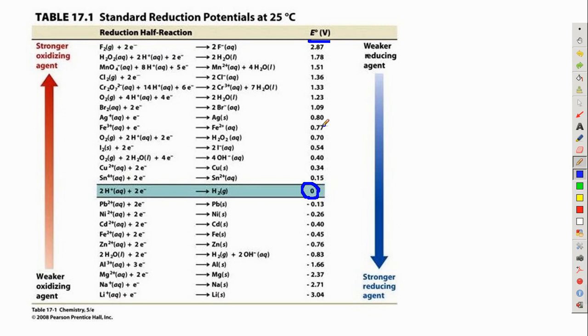and this gives you a scale of the reduction potential for the different molecules. So for example, this molecule here, F2, has a high reduction potential. This means that this molecule is really capable of taking electrons.